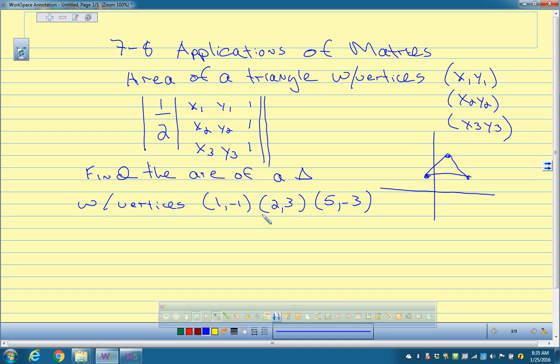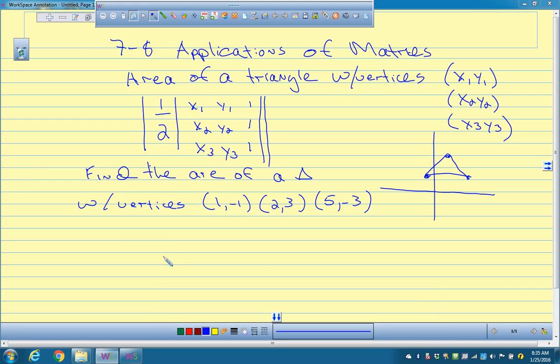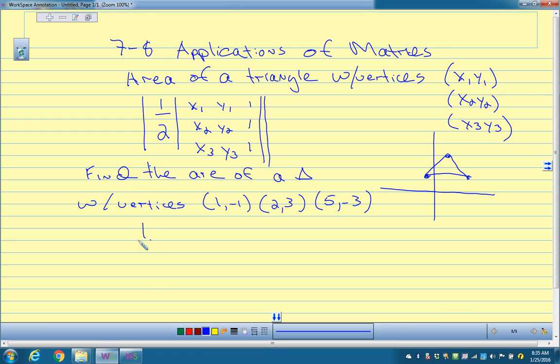You just plug those numbers into this formula, okay? So I'm going to do that right here. I take 1/2 of, and I put a bar here, 1/2 of 1, -1, 2, 3, and 5, -3 goes here, and then you go 1, 1, 1.